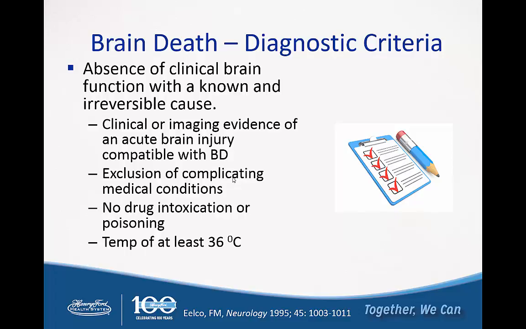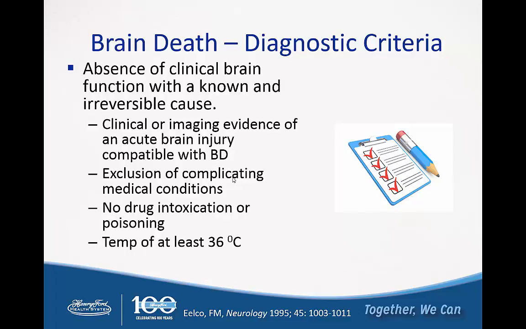So what are the diagnostic criteria for declaration of brain death? You need to have, before anything else, absence of clinical brain function with a known and irreversible cause. What does that mean? That means you should have clinical and imaging evidence of an acute brain injury that is compatible with brain death. So if you have a patient who clinically is unresponsive, but their CAT scan looks pretty normal, then you have a problem, right?